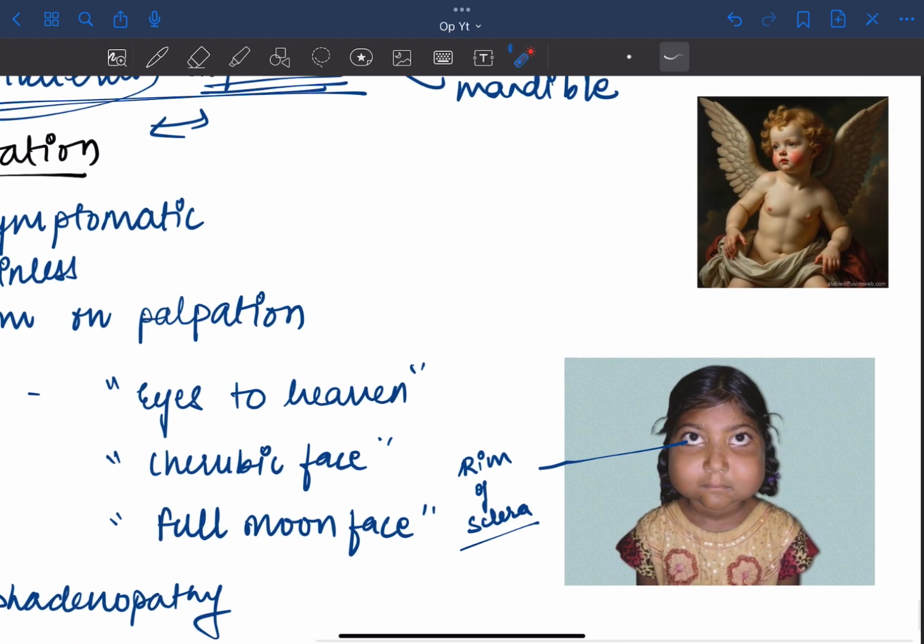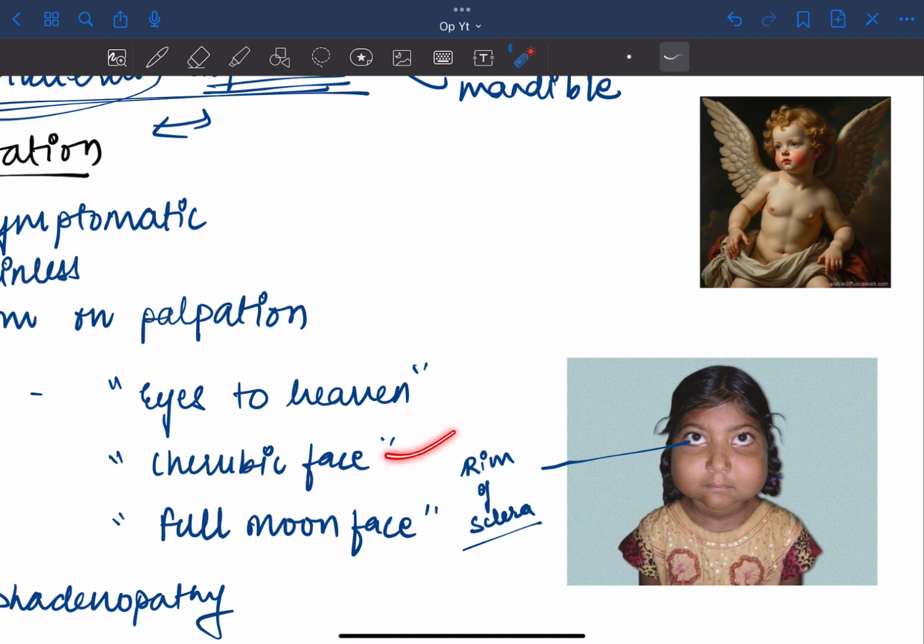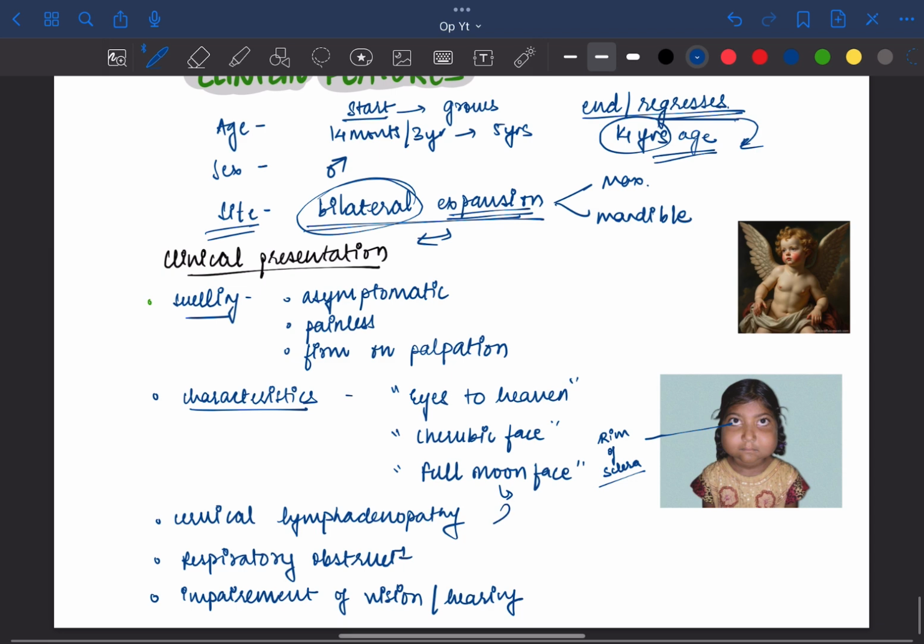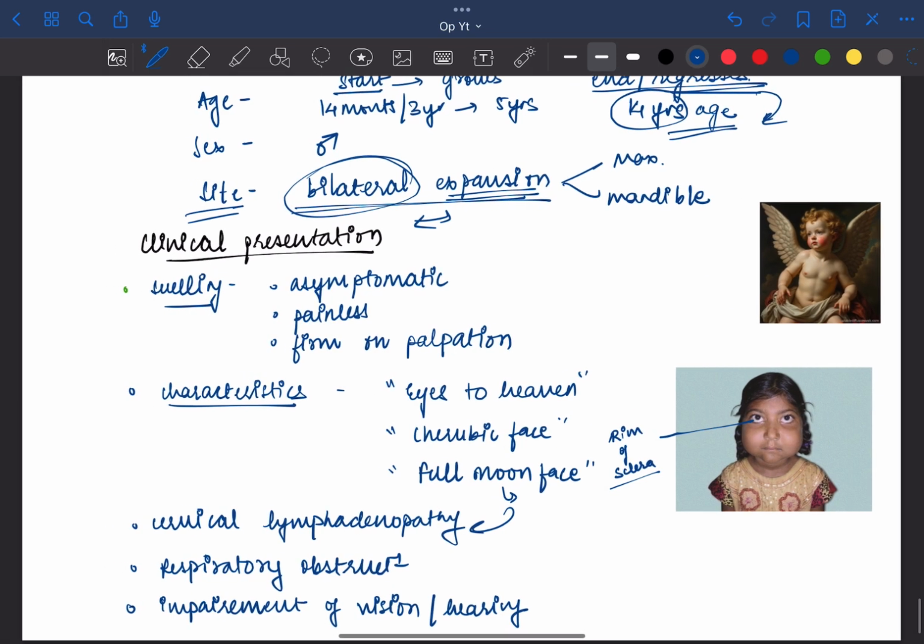Next is cherubic face. This is the cherub that we talked about. Now full moon face. Full moon face is because of the lymphadenopathy. Lymphadenopathy is the enlargement of lymph nodes. Because the cheeks are also looking expanded and there is lymphadenopathy which also makes the face look fuller, that's why it is called a full moon face.